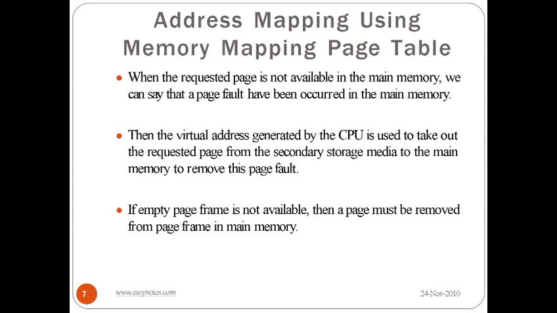Then the virtual address generated by the CPU is used to bring the requested page from the secondary storage media to the main memory to remove this page fault. If an empty page frame is not available, then a page must be removed from a page frame in main memory.